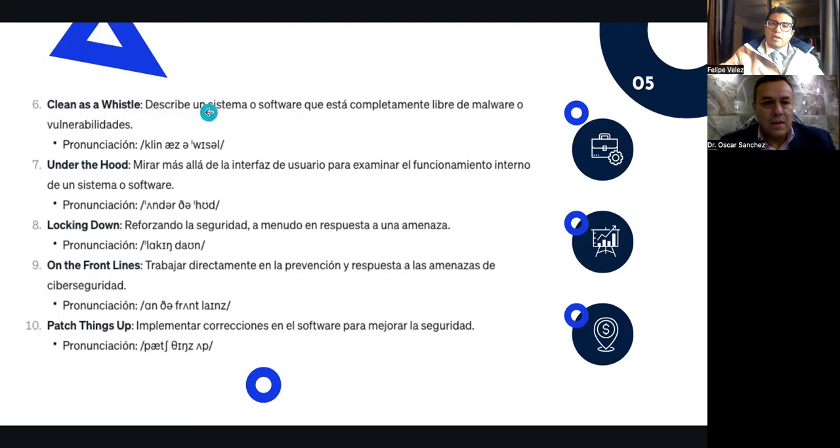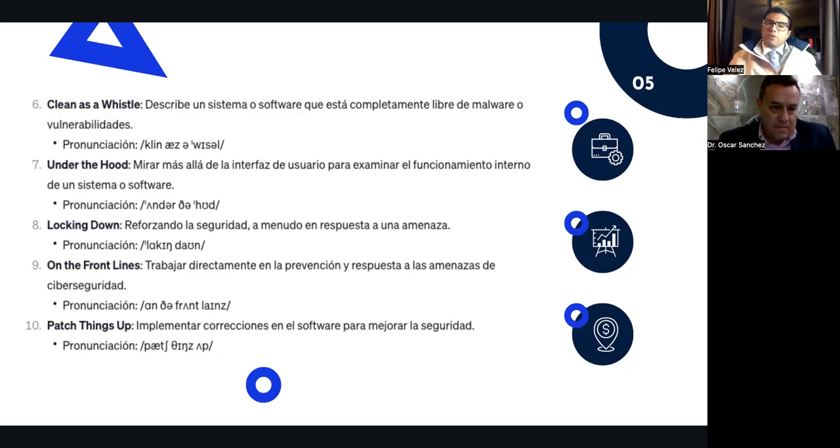It describes that a system or software has been completely free of malware or vulnerability. So it's perfect. We say the software, the system is clean as a whistle. It describes a system or software that is completely free of malware or any vulnerability. Malware, vulnerability. Very good.